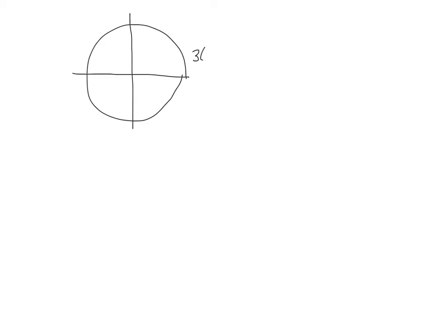Also, make sure that you can convert between degrees and radians. In a circle, there are 360 degrees around. In the unit circle, the radius is 1. Another way to measure angles is radians. Radians are almost always measured in terms of pi.